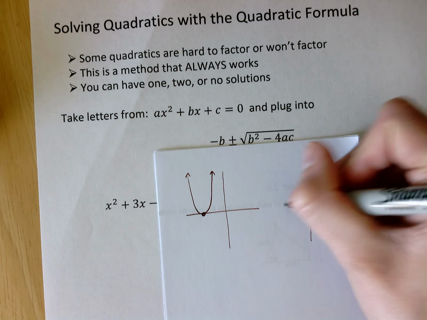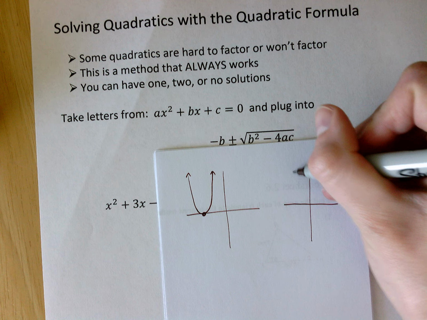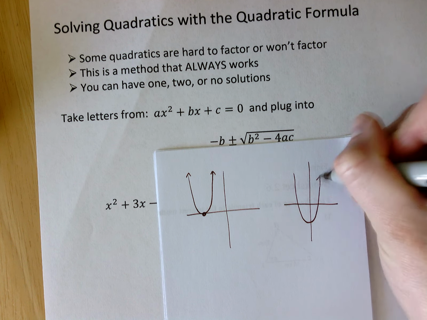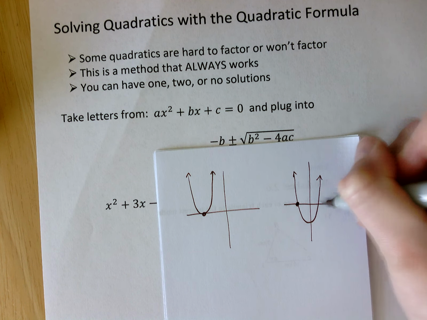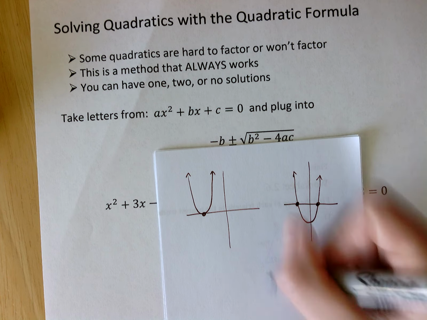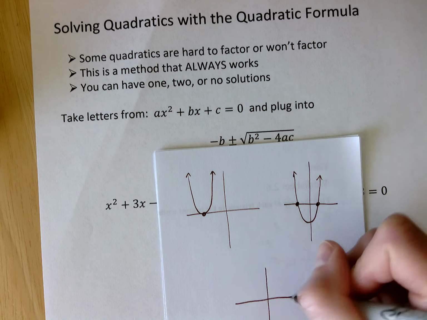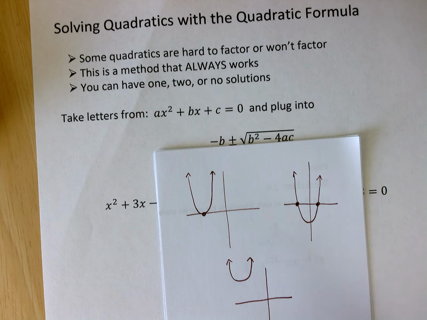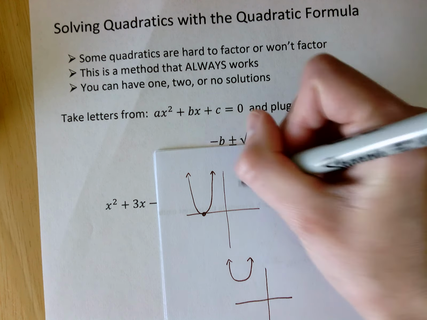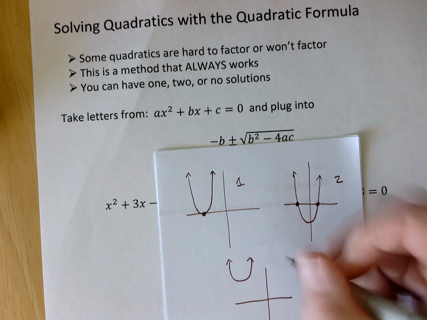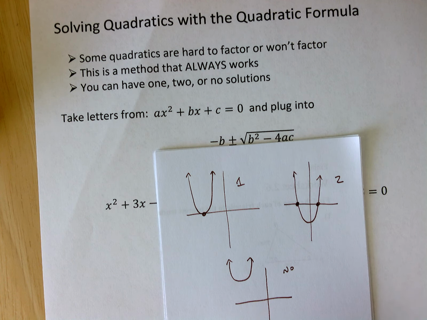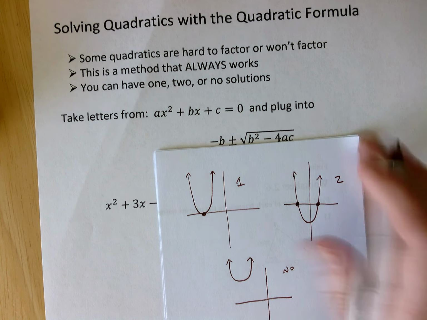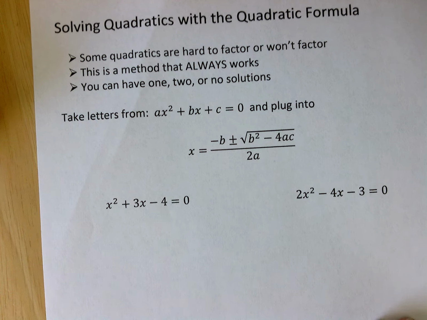Or I could have a parabola that comes down and crosses and then goes back up, right? This would have two solutions. Or I could have a parabola that doesn't cross at all. Maybe it just is up here, and then it never crosses the x-axis. That's when you're going to have no solutions. So this one you'd have one solution, this one you'd have two, and this one you'd have no solution. Okay? So that's the three different kinds of solutions that you're going to get.